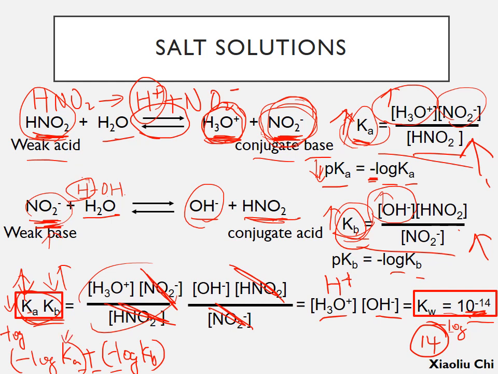And this is pKa, and this is pKb. So now we have another important equation: pKa plus pKb is 14. So if we know pKa, we can calculate the pKb, or if we know pKb, we can calculate pKa. And these two equations are important, as you will use them for solving the pre-lab questions.